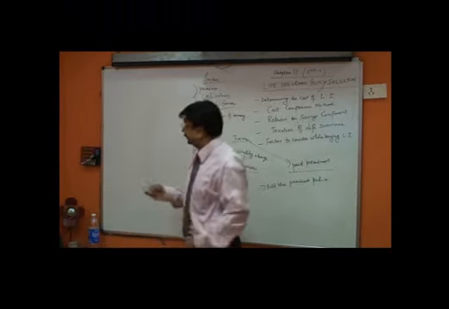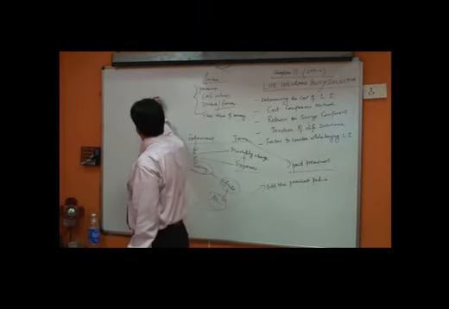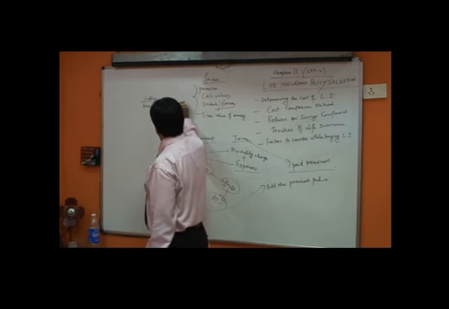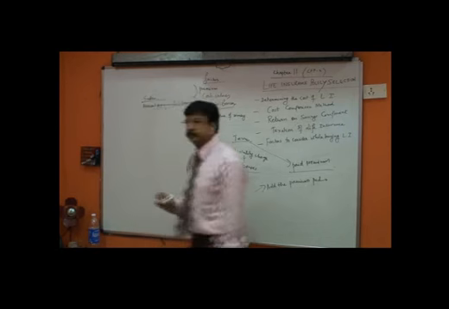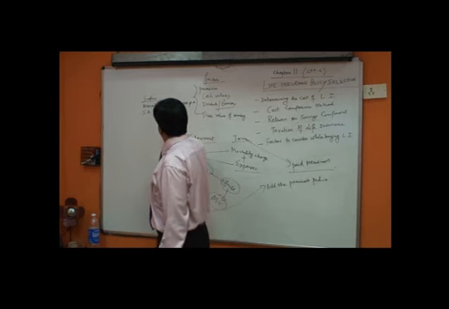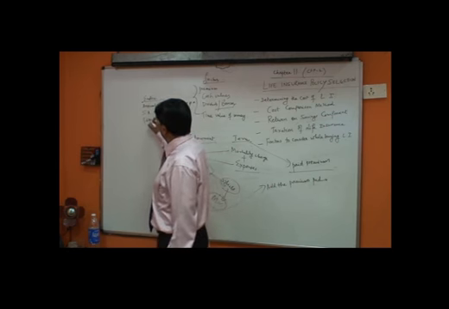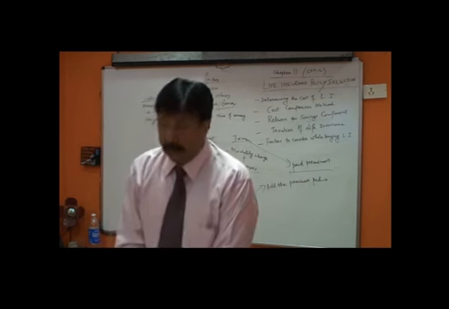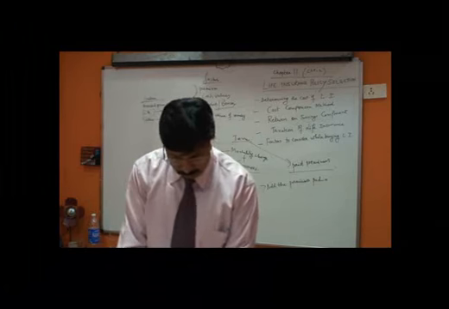Let's say there is an endowment policy in which the annual premium is rupees 10,000 per annum. The sum assured of this policy is rupees 2,50,000, and the term is 20 years. We will assume some bonus.